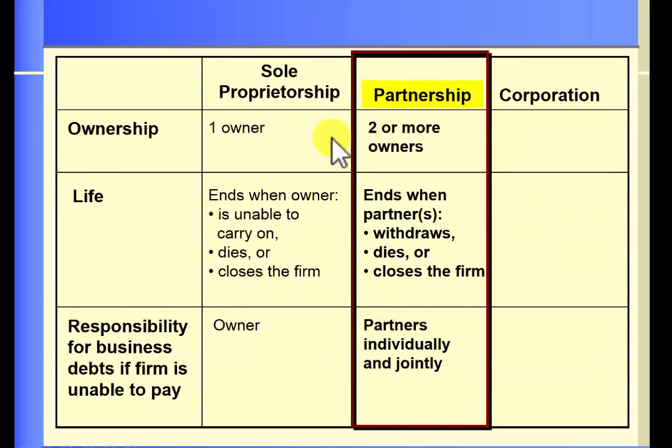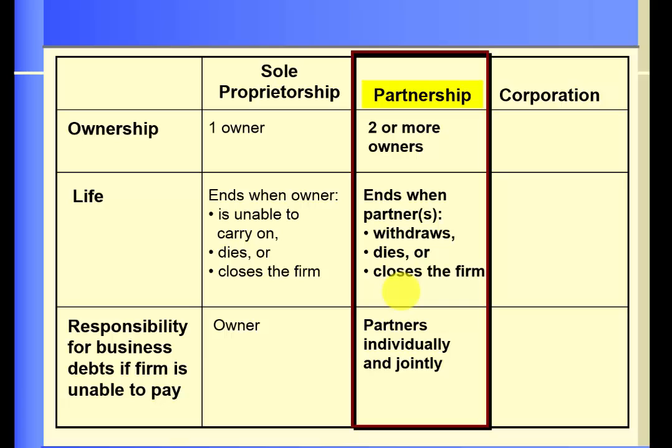So it's the partnership: two or more owners, and it ends when any partner withdraws from the business, dies, or closes the firm. So, that's a problem. If a partner dies, and let's say there was $100,000 of equity in this partnership, don't you think that the partner's wife or husband and his children would be interested in their father's or mom's equity in the partnership?